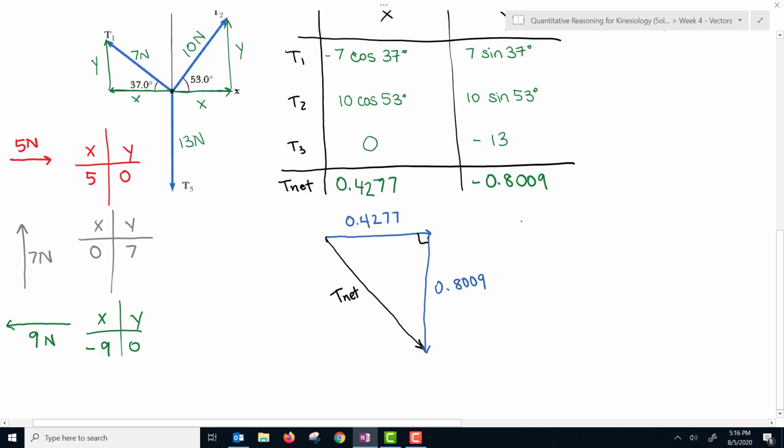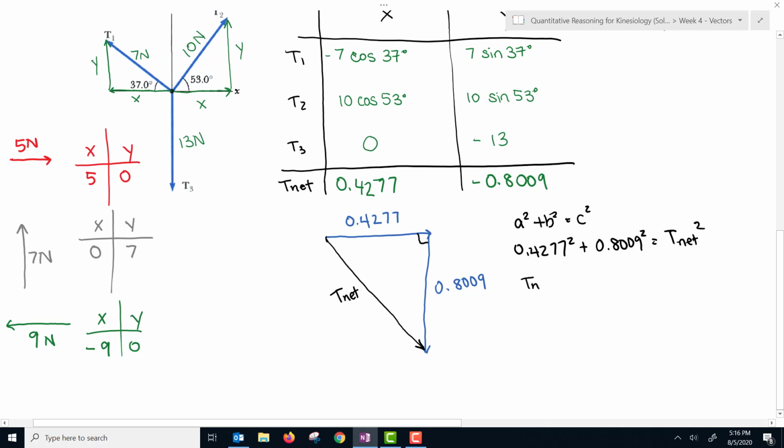If I'm looking for T net, that's just using the Pythagorean theorem. So I have a squared plus b squared equals c squared. My a is 0.4277. My b is 0.8009. And my c I've called T net.